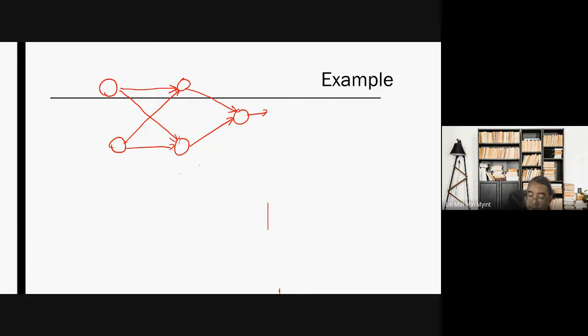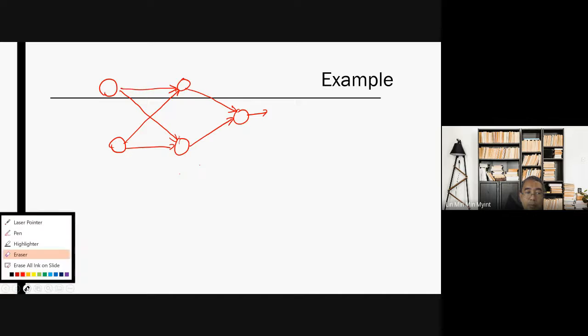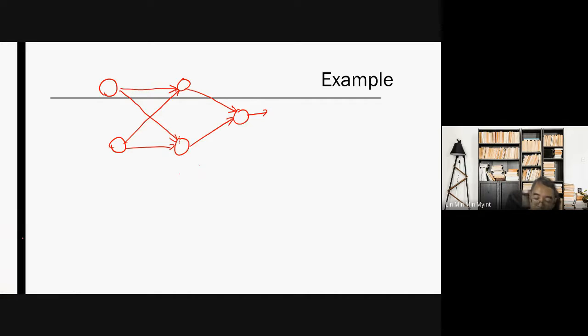Okay, and then we have the input here and here. Okay, like this. And then so that's why this is our output.